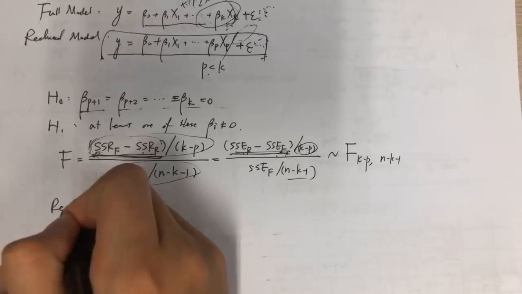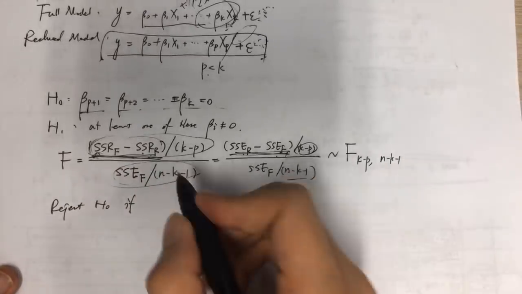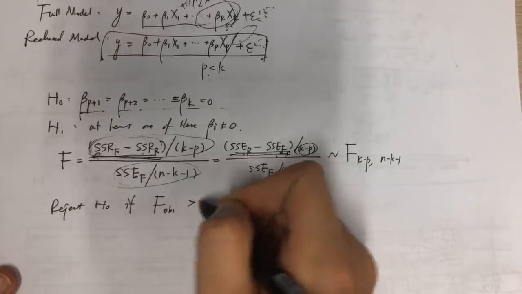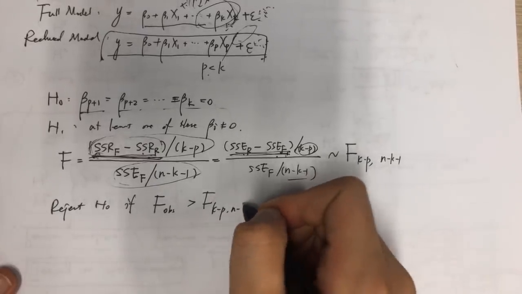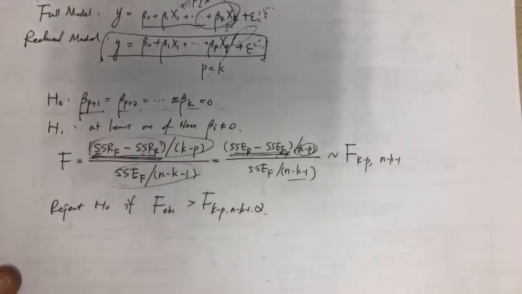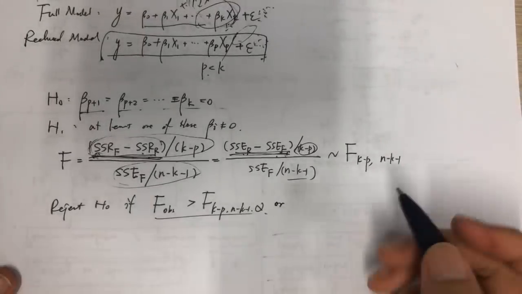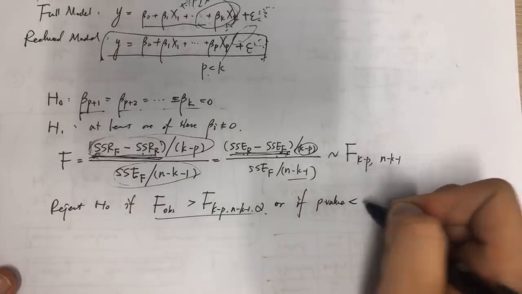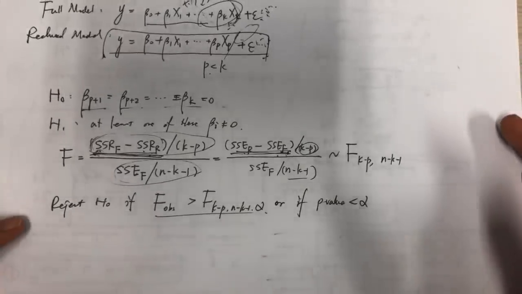So we reject the null hypothesis if the observed value of F is greater than the critical value F(k minus p, n minus k minus 1, alpha). It's a one-tailed test. Or reject the null hypothesis if the p-value is less than alpha. Okay? Good.